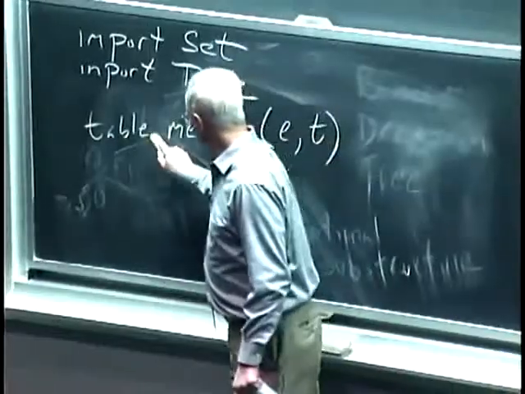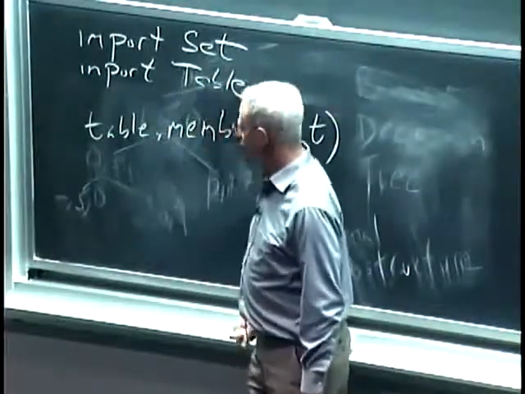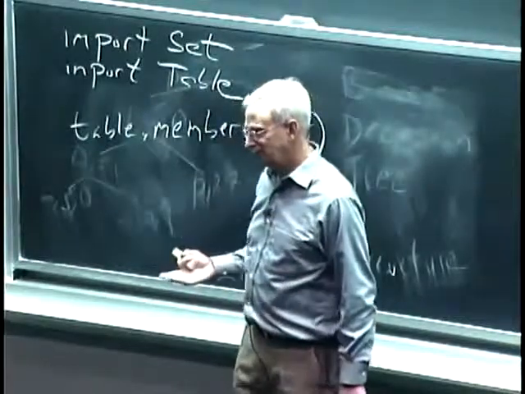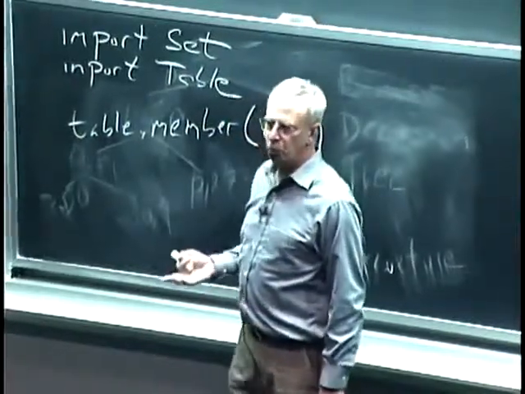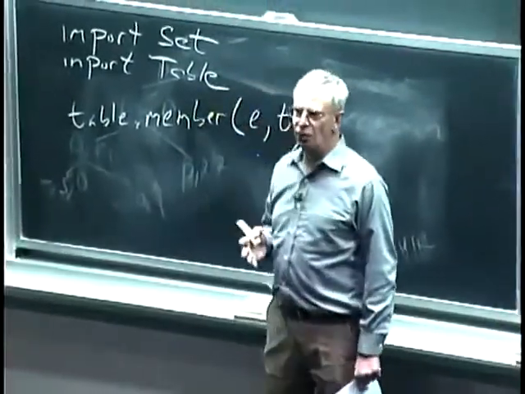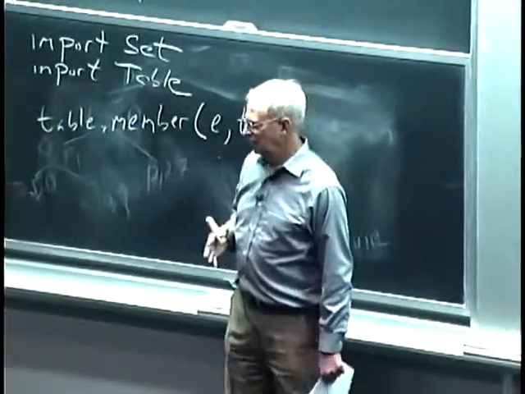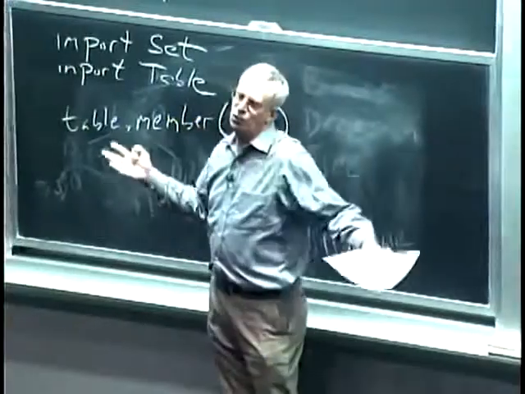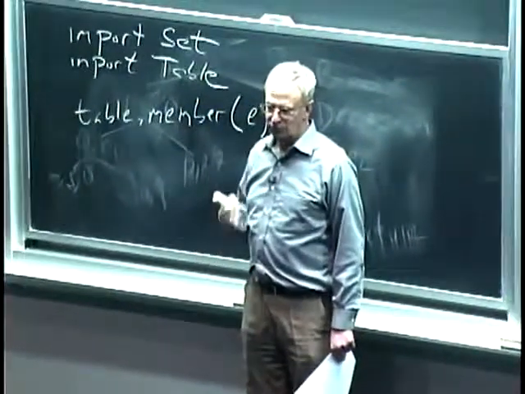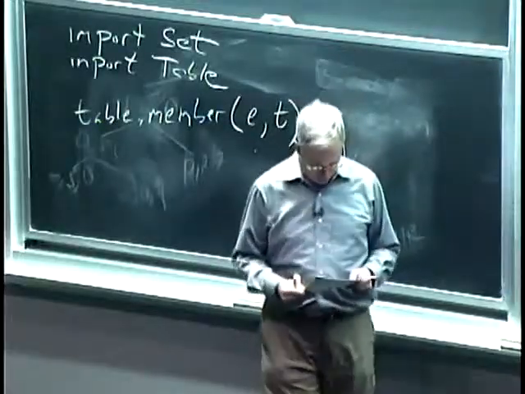And the dot notation was used to disambiguate. So I want the member operation from table, not the member one from set. This was important because the people who implemented table and set might never have met each other, and so they can hardly have been expected not to have used the same names somewhere by accident. Hence the use of the dot notation.